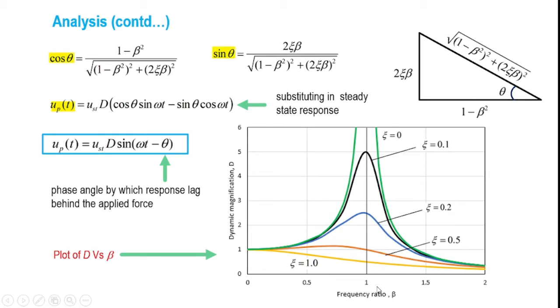Or in other words, irrespective of the damping considered, the resonance or the maximum displacement always occurs around beta equal to 1. Now we will see how to obtain the value of the frequency ratio beta that corresponds to a peak value of the dynamic magnification factor capital D.